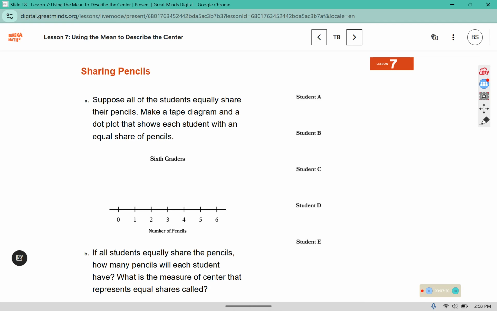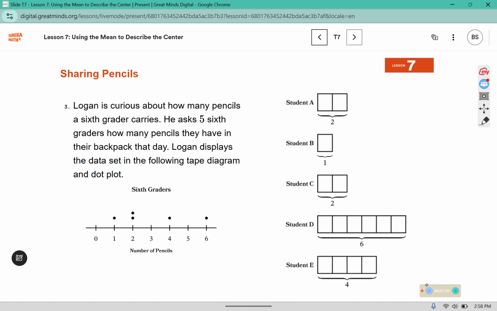Suppose all of the students equally share their pencils. Make a tape diagram and a dot plot that shows each student with an equal share of pencils. So that is 2, 3, 4, 5, 6, 7, 8, 9, 10, 11, 12, 13, 14, 15 pencils to be split up amongst 5 students.